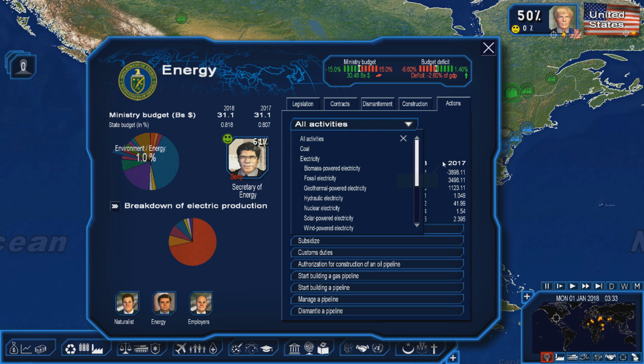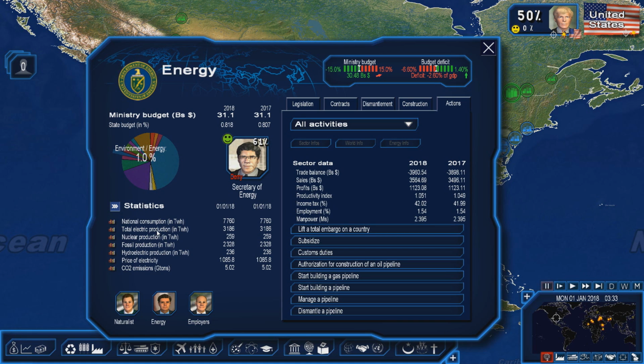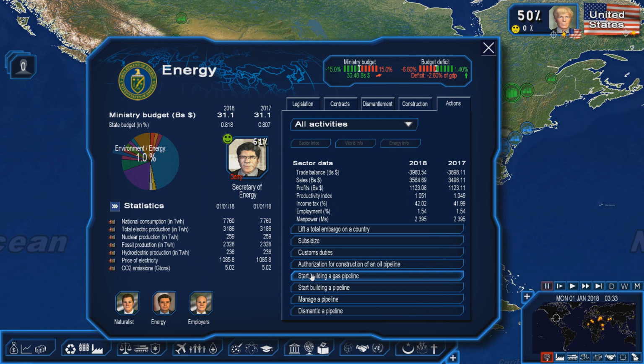So I'm going to go over to activities. And so basically, from what we gathered, energy independence is a goal that you really want to go for in every country that you have. Electric production always has to be above your national consumption, because national consumption is always going up and down.